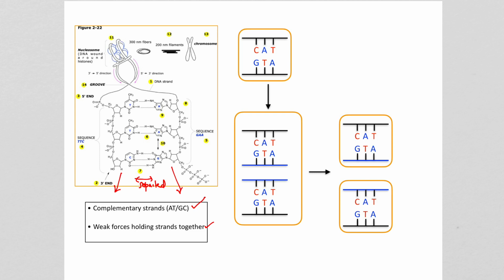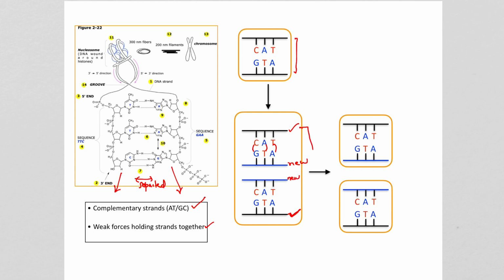So here's your original DNA. The two strands are separated. This strand is separated from this strand. And then the information is copied. C to G, A to T, T to A, and the new strand is made. And similarly from this strand, another new strand is made.